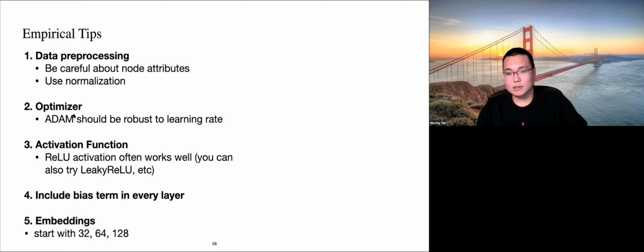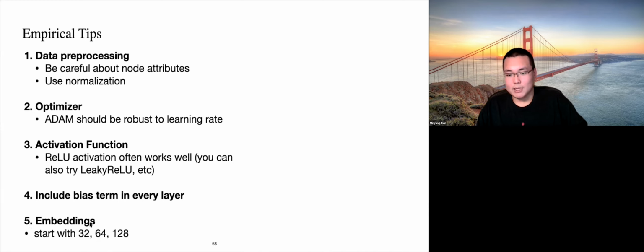And for the optimizer, I will recommend Adam. It should be robust to the learning rate. And for the activation function, ReLU activation often works well, and you can also try leaky ReLU or something else if ReLU didn't really help on your task. And include a bias term in every layer to add some expressiveness.